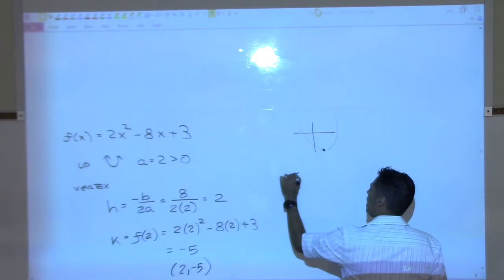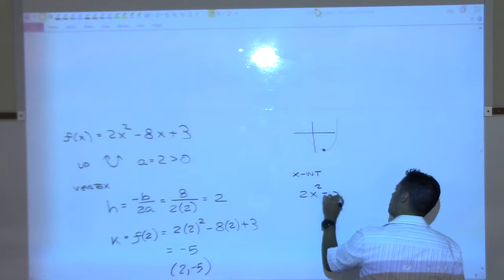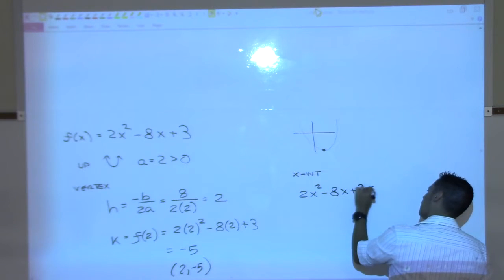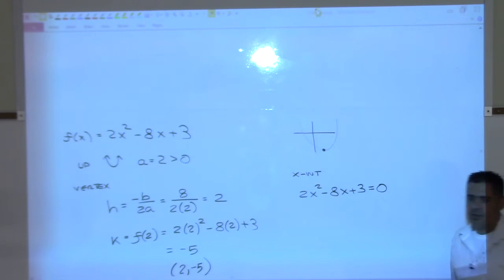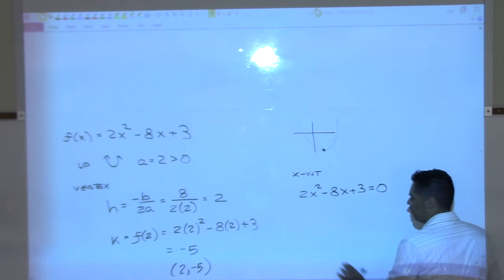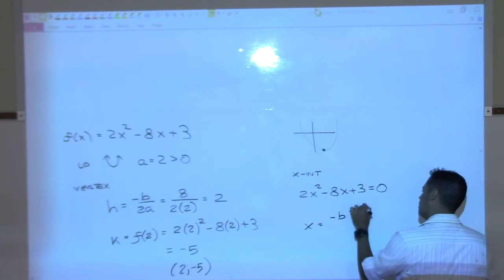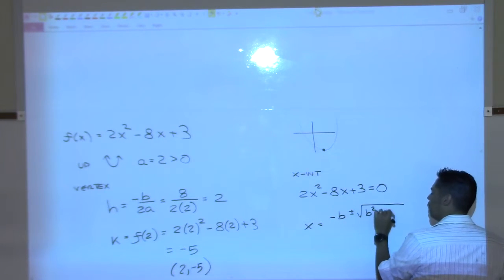Okay, so to find the X intercepts, we set the function equal to 0. And now to solve that, you're either going to try to factor or you're going to use a quadratic formula. And I believe here it's not going to factor. So you have to use a quadratic formula. So the quadratic formula tells you x is equal to negative b plus or minus the square root of b squared minus 4 times a times c.